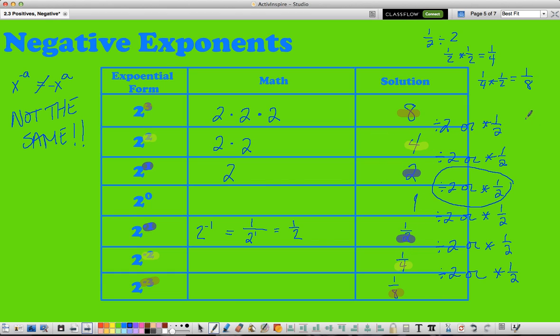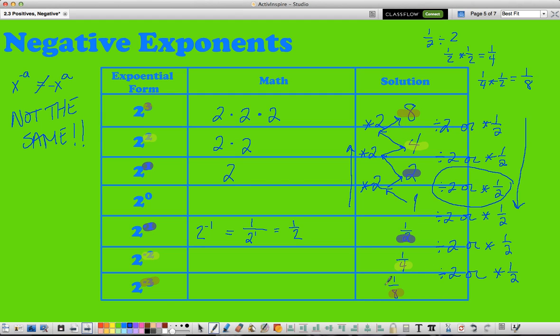The math behind it is how you go from solution to solution to solution. Because this is going down, to go up, you know that each time you're multiplying by 2. So take your solution and multiply it by 2 to get to the next solution.